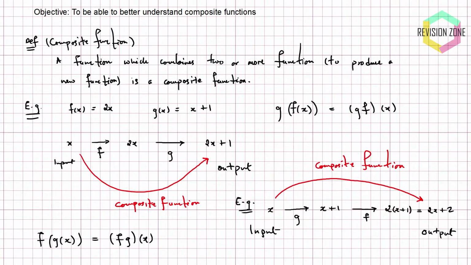Now, you might notice that what we did in the first example compared to the second example gives slightly different answers, right? So in other words, this thing here is 2x plus 1, but this thing at the bottom here is 2x plus 2.